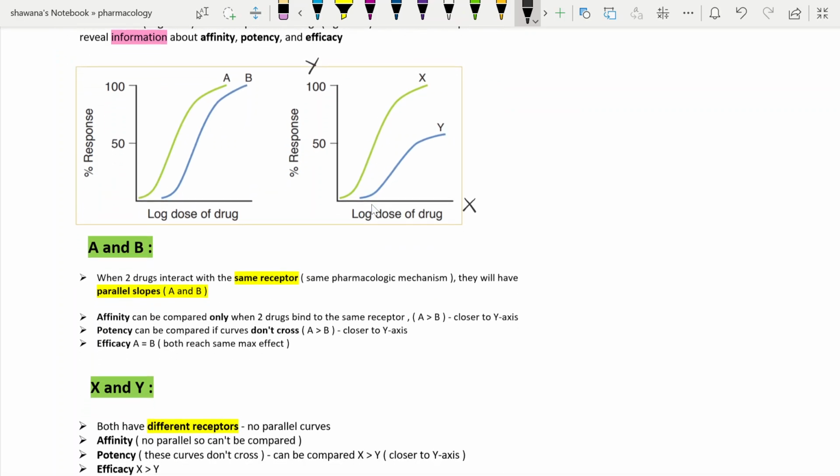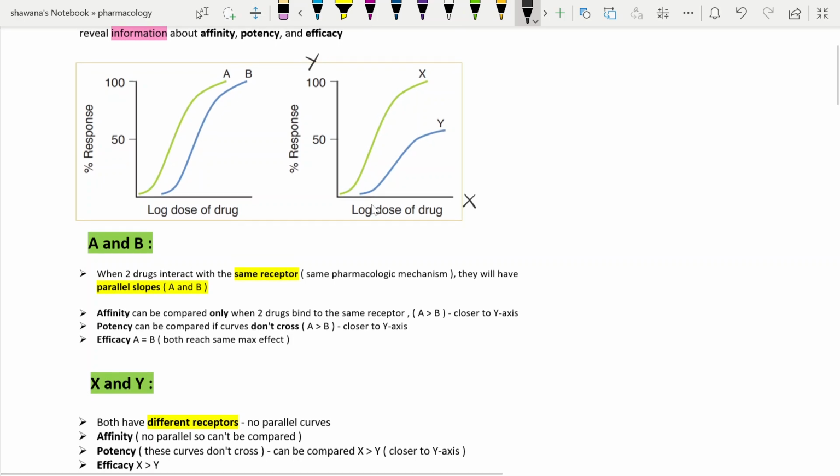Let's discuss these two curves, i.e. the AB and XY curves that are represented in the slide. First of all, the difference between A and B: do they have the same slope? Yes, they do, because they are interacting with the same receptor. They have the same pharmacological mechanism, so they have parallel slopes.